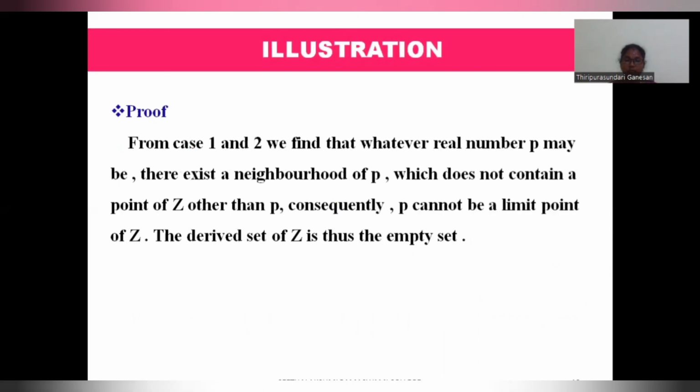From both the cases, we can say that P cannot be a limit point of the set of all integers Z. Therefore, the derived set of Z is clearly an empty set.